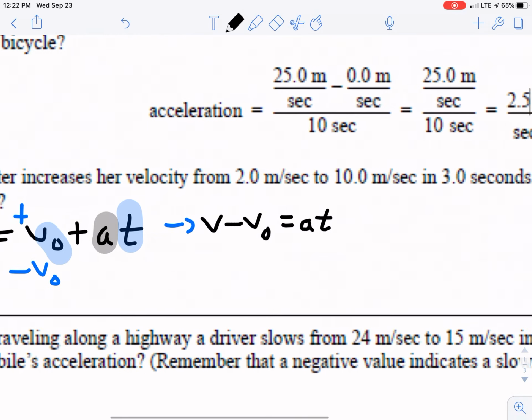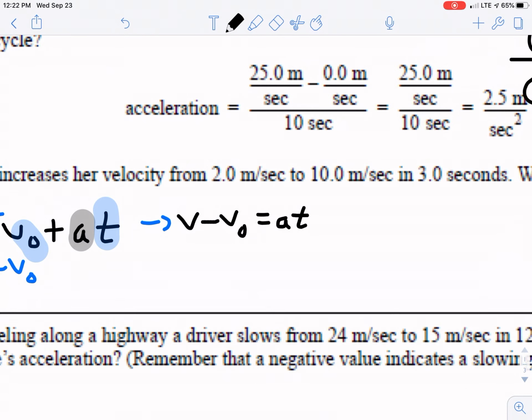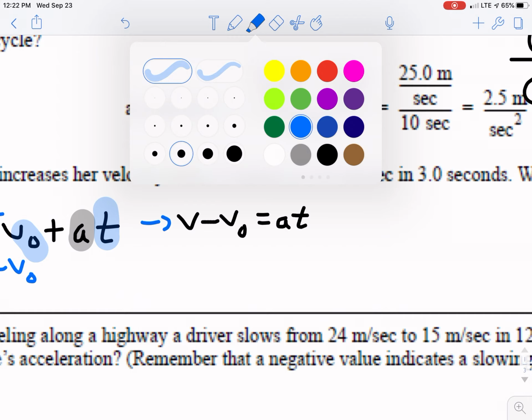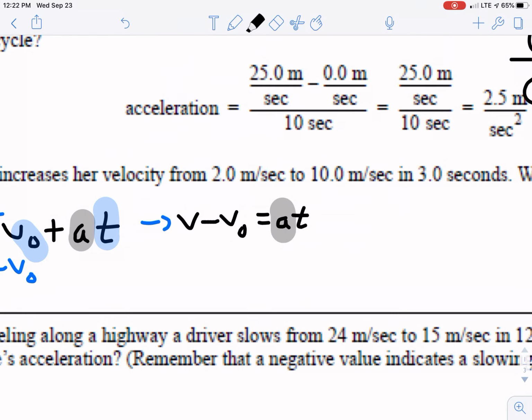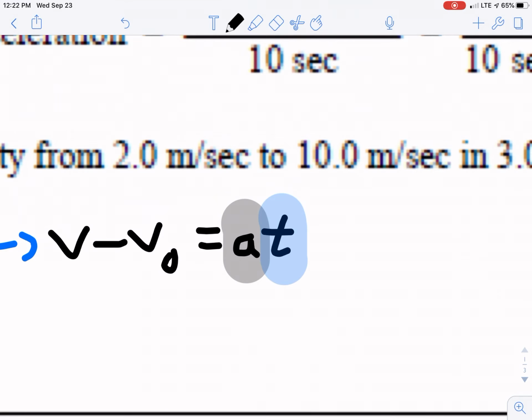Then we need to get rid of the t. We're solving for a, so to solve for a, we need to get rid of the t. Now you'll notice that a and t are being multiplied times each other.